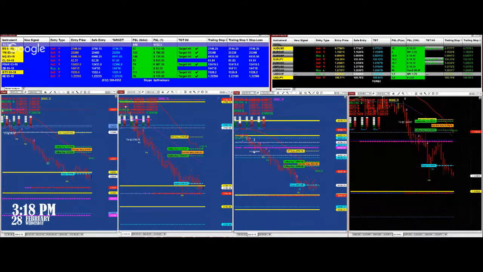As we said half an hour ago, nothing is going to happen on the ES, NASDAQ, and Dow Jones, and nothing has happened. Nothing.